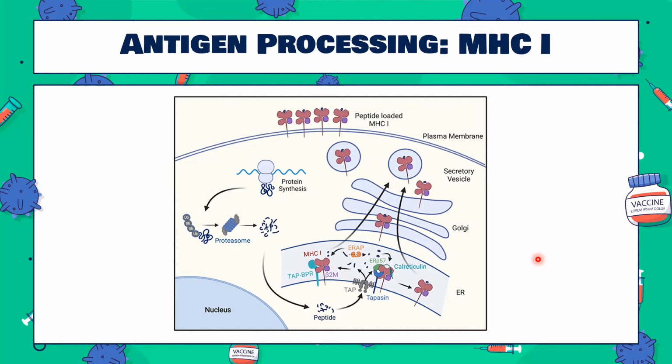What is ERP57? It's a protein, yes, it's a chaperone, which, as I told you guys, is going to continue to hide the alpha 1, alpha 2 portion in order to prevent the MHC from binding to intracellular antigens that are normal.